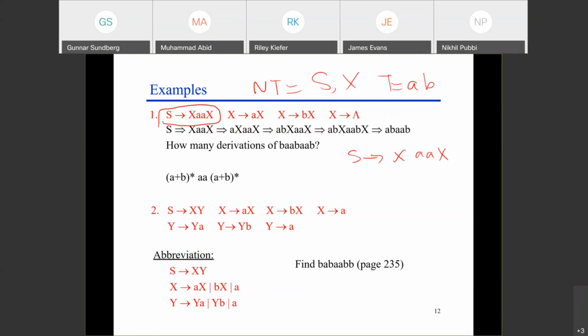X can be aX, you can start with a, you can start with b, you can have lambda. So anything can come at the start, anything can come after that, but two a's must be there. This is the regular expression of this language, and this is the definition of this language. Whatever word or sentence you make by this grammar, you must have two consecutive a's somewhere. So this is basically this grammar.